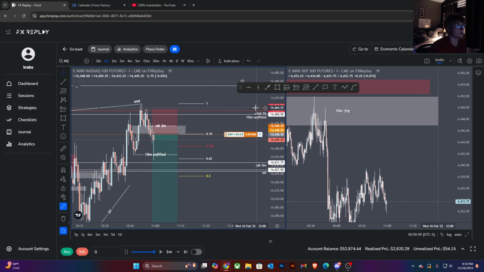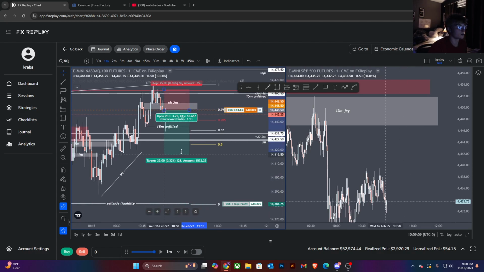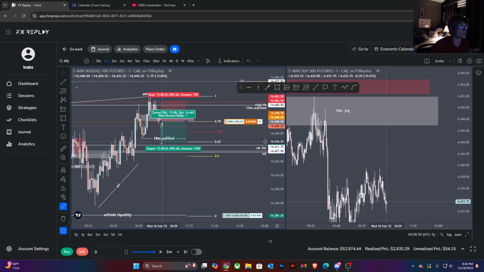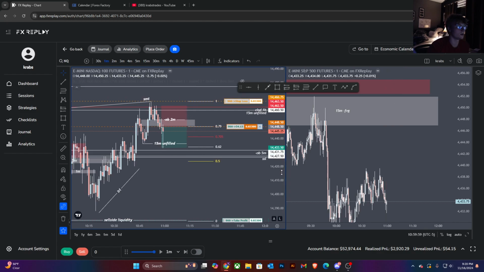Alright, so this hit my TP1, so this would have been a TP1 break-even trade, but FX replay does not let me take a partial here when it wicks like this. So what I'm gonna do, I'm not gonna break even. I'm gonna see if I could get that partial, and yeah, we'll see.